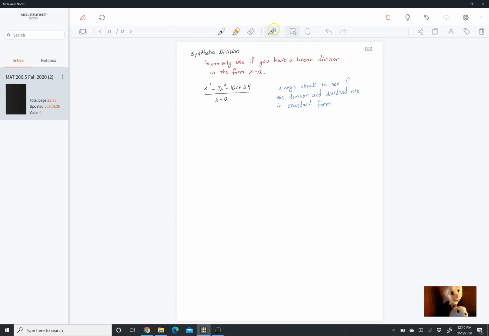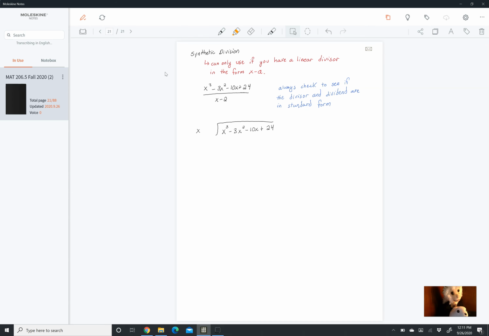So when we did this using long division, we wrote the dividend, which is in standard form, so we don't have to put in any placeholders. That went underneath our division bar.